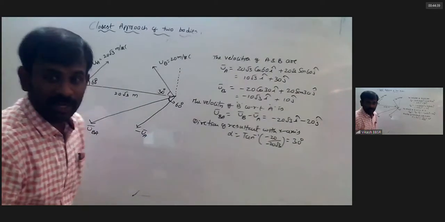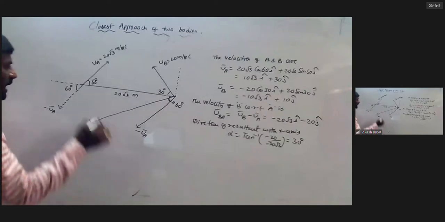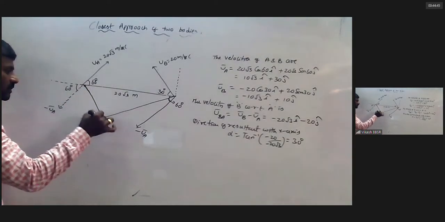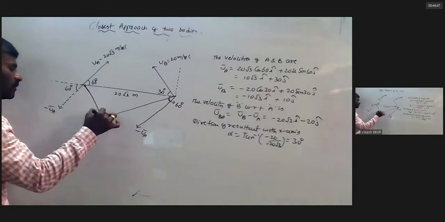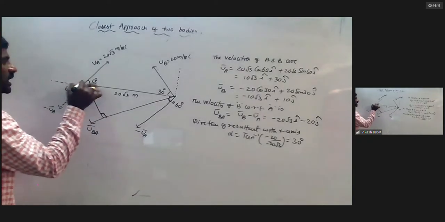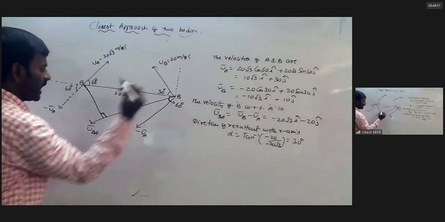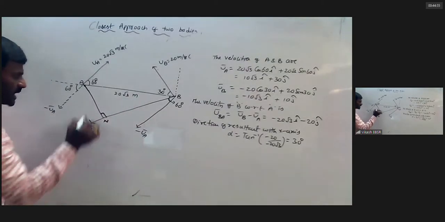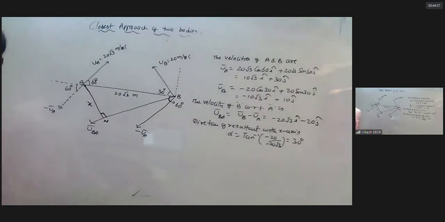Now you tell me where is the closest approach? This one. Give the names. A, B, you can see N. So what is the closest approach here?